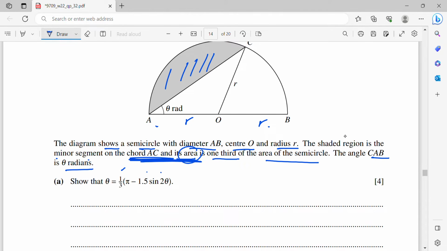Alright, the area of the shaded region is 1/3 of the area of the semicircle.